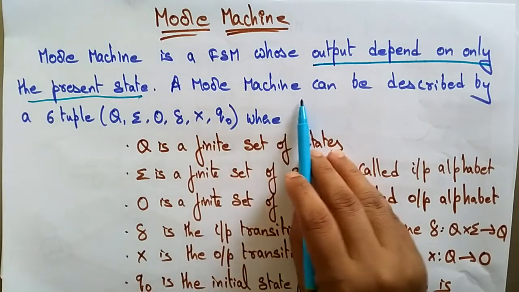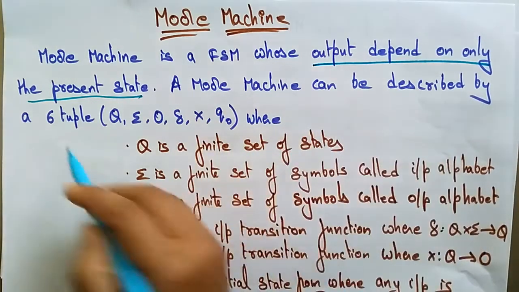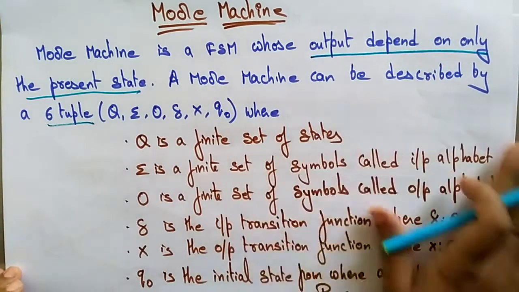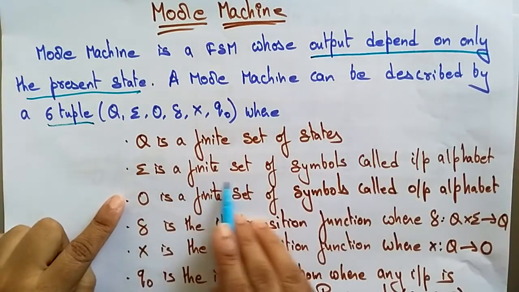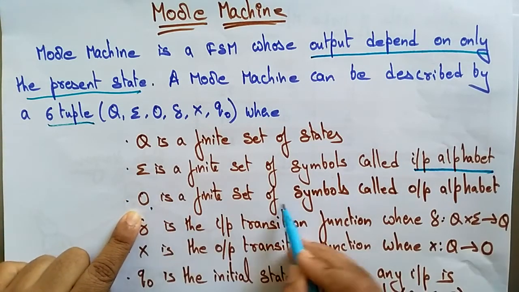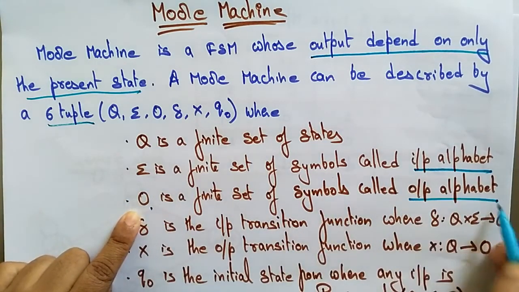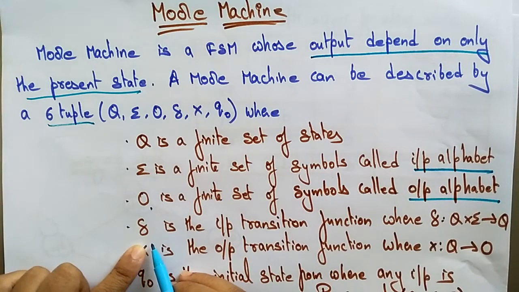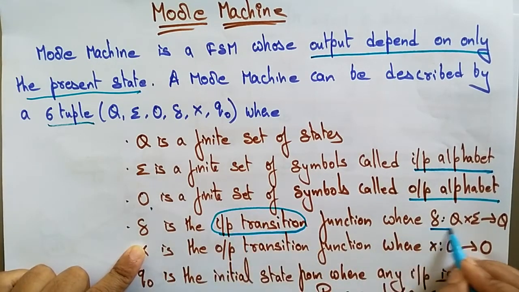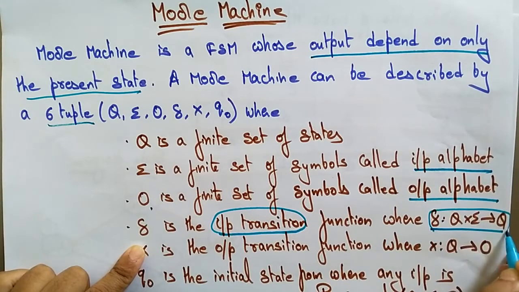Okay, so a Moore machine can be described by 6 tuples. Just like a Mealy machine, it is also described with 6 tuples, the same definition. Q is a finite set of states and sigma is a finite set of symbols called the input alphabet, and O is a finite set of symbols called the output alphabet, and delta is the transition function, Q times sigma yields Q only.